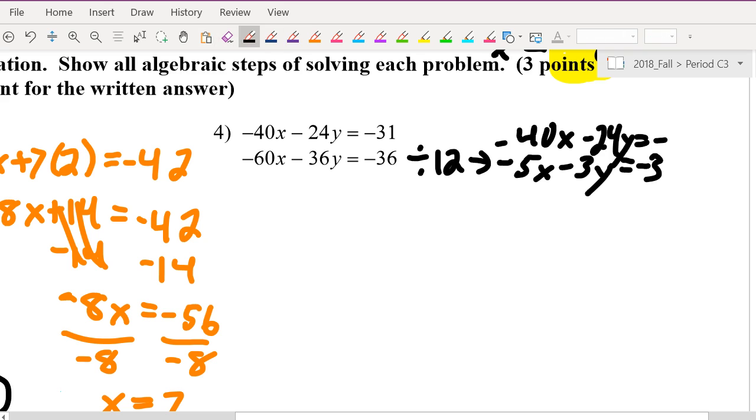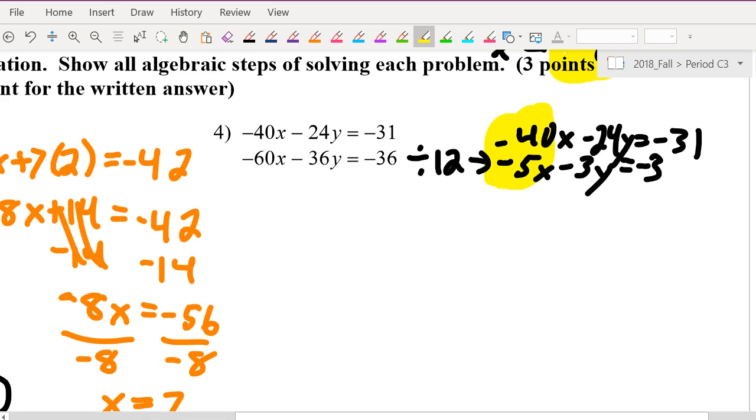Okay, yeah, now we need to cancel one of them, right? So he says we're going to multiply the bottom by negative 8. So why are we multiplying it by negative 8, sir? Okay, we want them to eliminate. So this is going to become 40 and negative 40. Right?